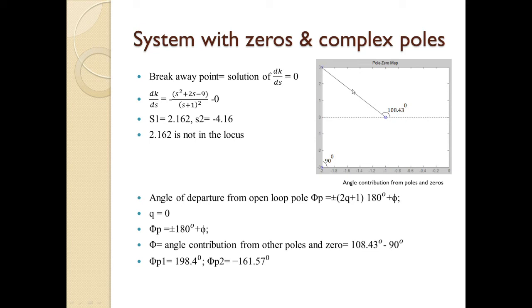So we join all the remaining poles and zeros to this pole, then measure the angle from the reference 0. This angle becomes 108.43 degrees and this angle becomes 90 degrees. So the angle contribution is the sum of phi of zeros minus phi of poles, and using this formula we get the angles of departure as 198.43 degrees and another as minus 161.57 degrees.